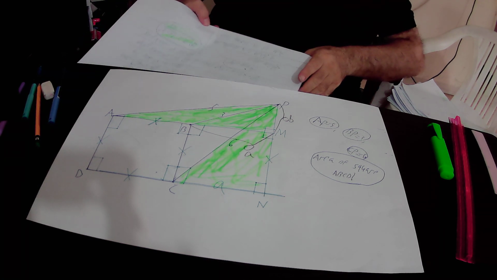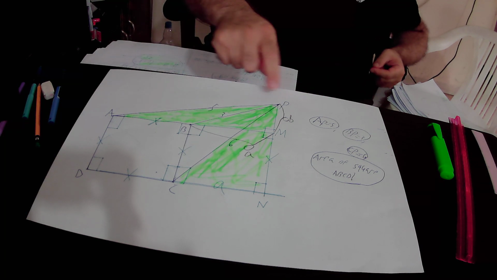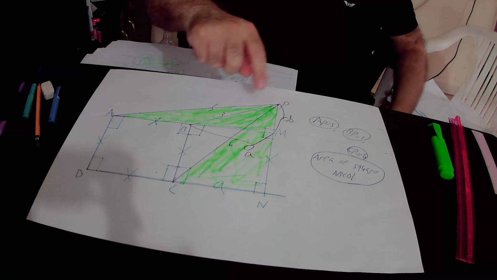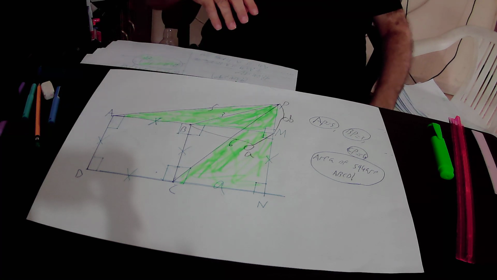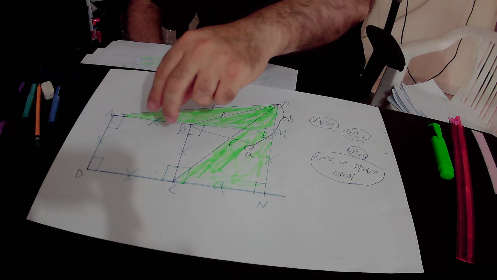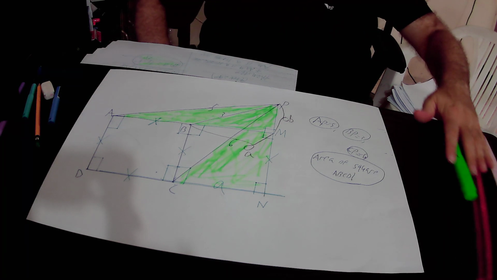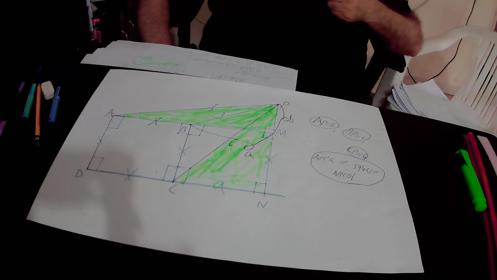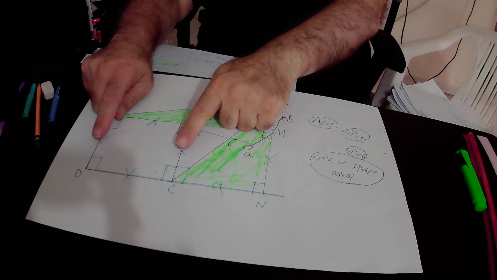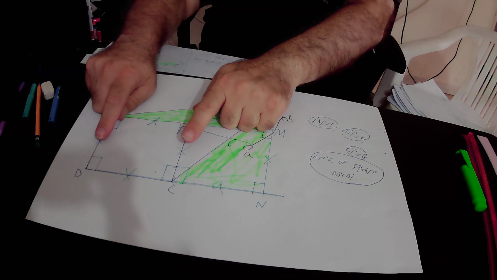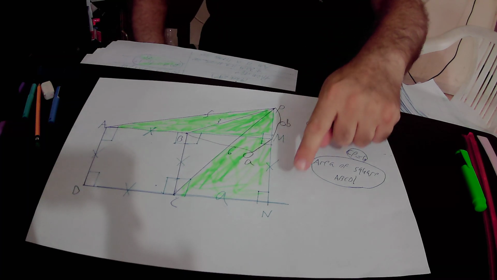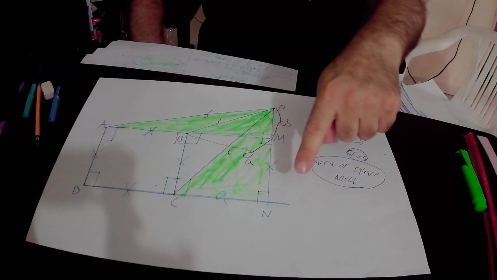We know that line segment AP equals 5 units, line segment BP equals 3 units, line segment PC equals 6 units, and our mission is to find out the area of this square ABCD. So first of all, we did the construction. We extended side DC of square ABCD by a straight line. And from point B, we go perpendicular on the extended DC.